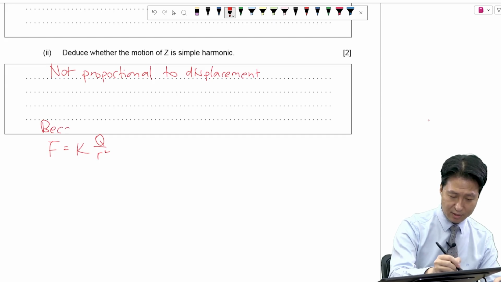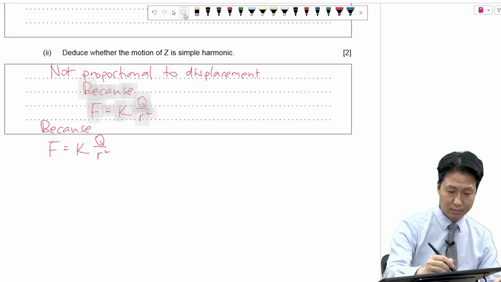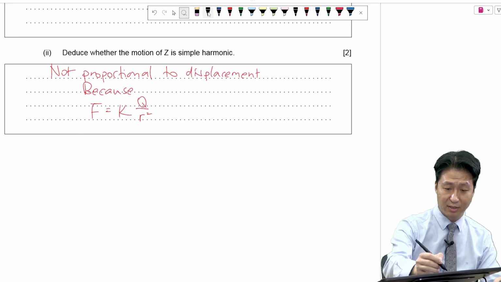Because this is a reason. If it's not proportional, it cannot be simple harmonic.